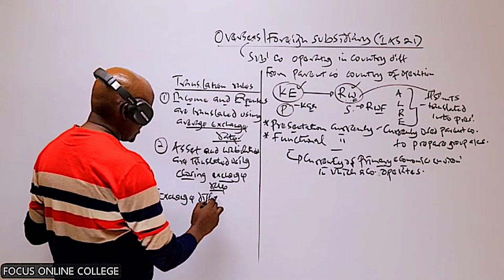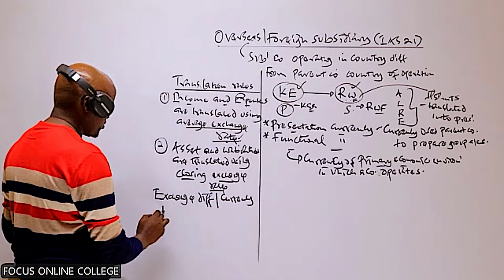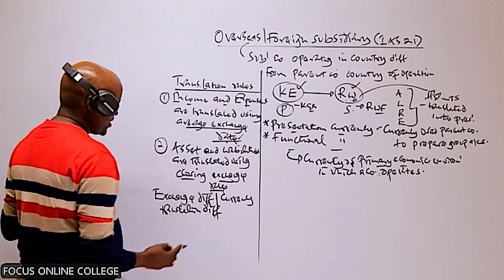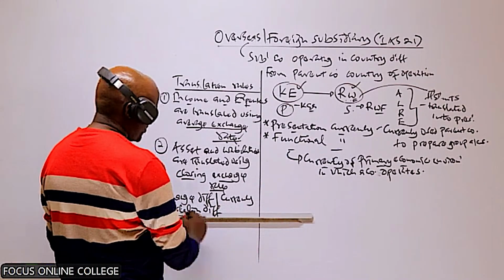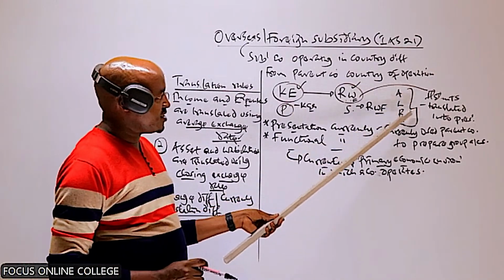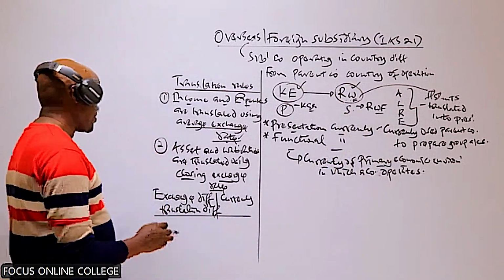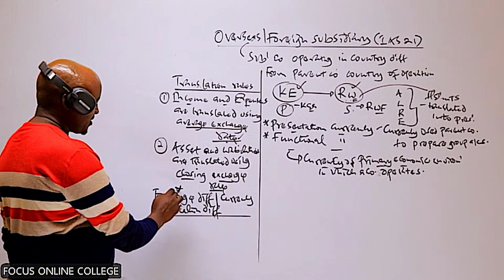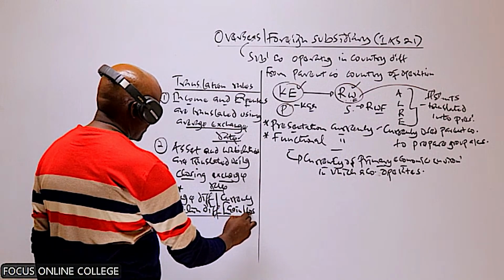Currency translation difference is an exchange difference which arises from translating the items of assets, liabilities, revenue, and expenses of this foreign subsidiary into the presentation currency. It can either be a gain or a loss.